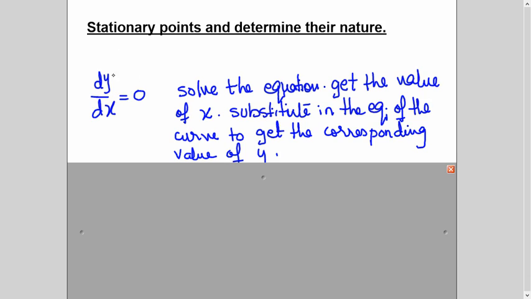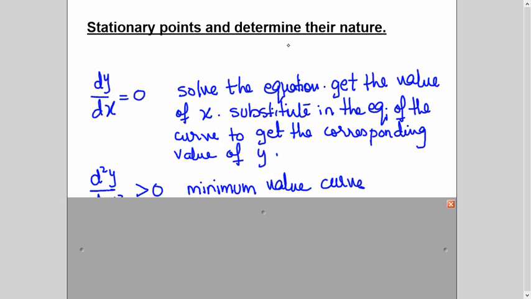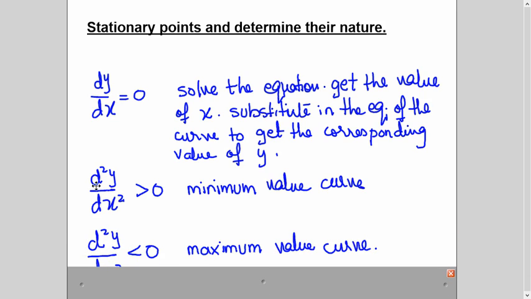They solve this equation, get the value of x, and plug that value of x into the original equation of the curve and get the value of y. So they get the point at which the gradient is 0, the stationary point, right? Now, second thing, if they have to find the nature, whether it is a maximum or minimum, they simply apply the concept d square y over dx square greater than 0.